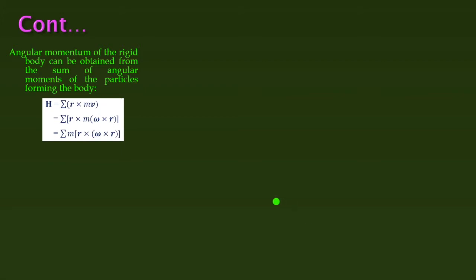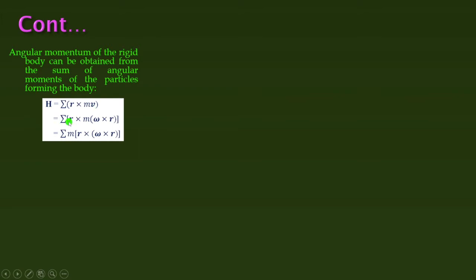Now we are starting with the angular momentum of the rigid body. We know that angular momentum is the cross product of the position vector r and the linear momentum, as we explained in the last class.